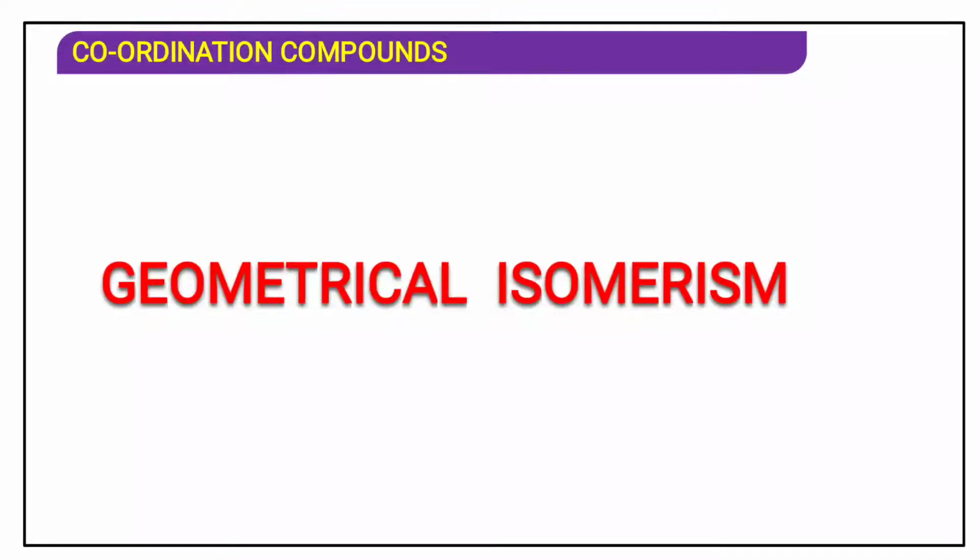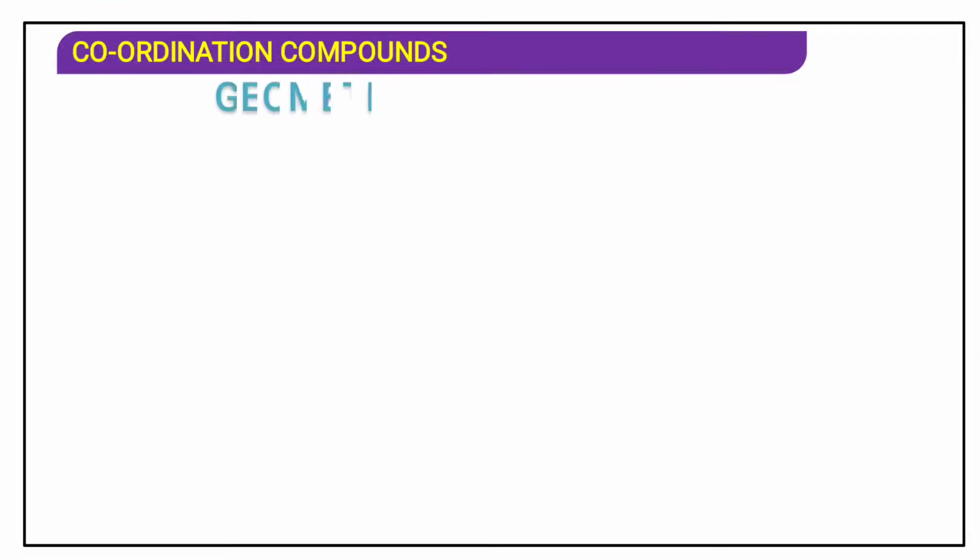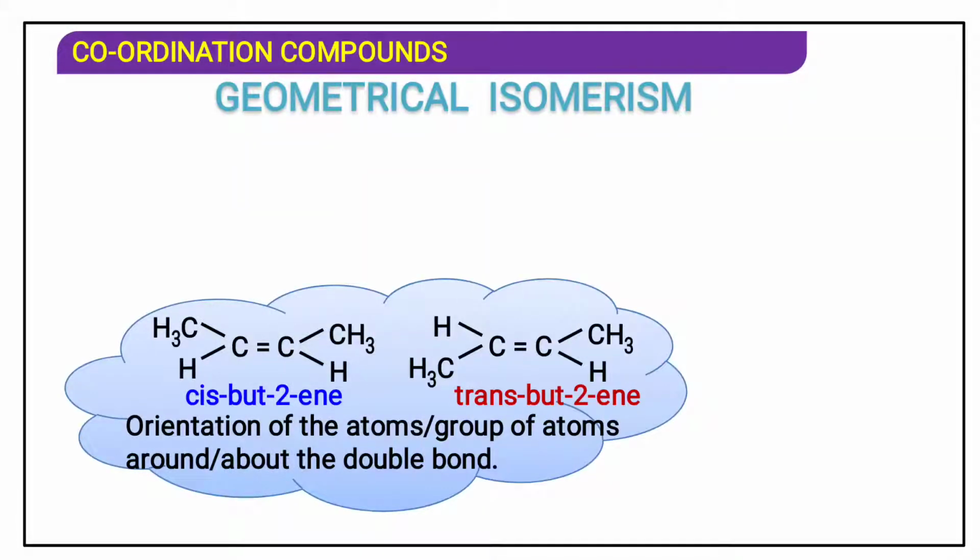In 11th standard we have seen geometrical isomerism, that is of cis and trans. Across the double bond we have to keep our hand, and above the hand is considered one plane, and below the hand is considered another plane.